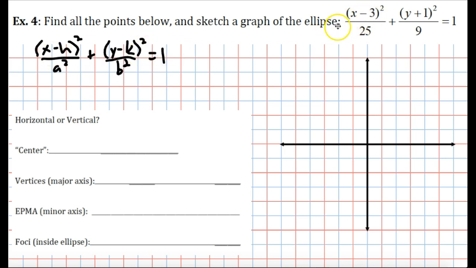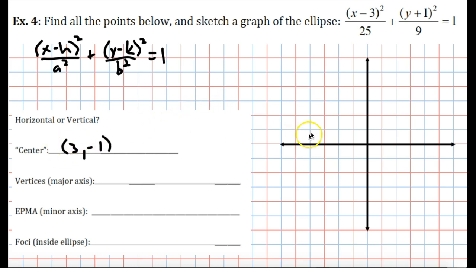So here, the center will be at 3, negative 1. Just like circles and parabolas, it's always x minus h and y minus k, so we need to take the opposite sign when we're determining the center, or in the case of a parabola, the vertex.